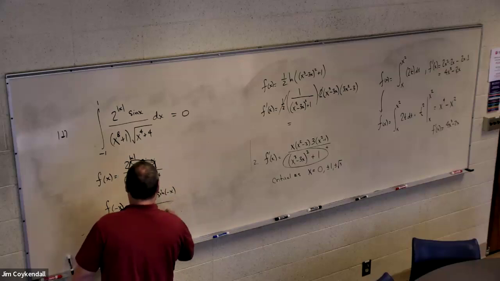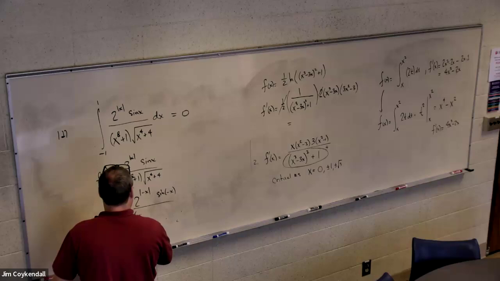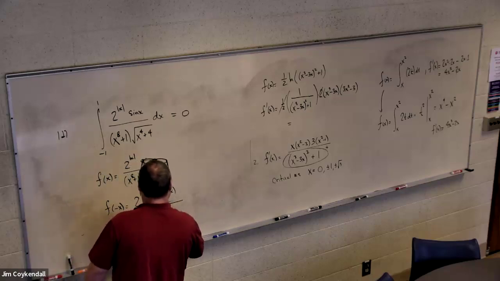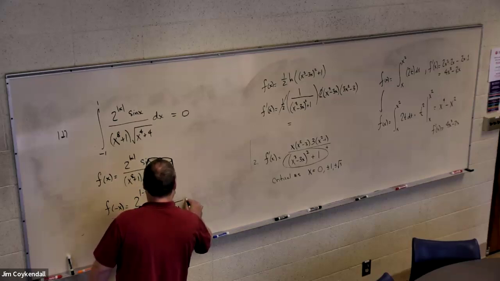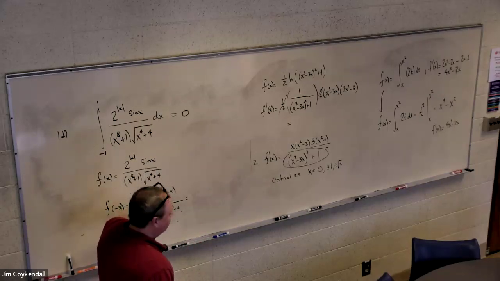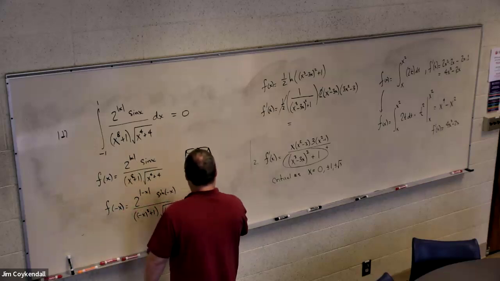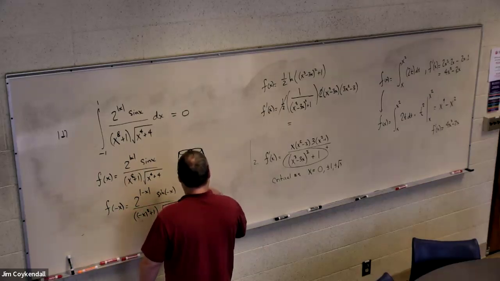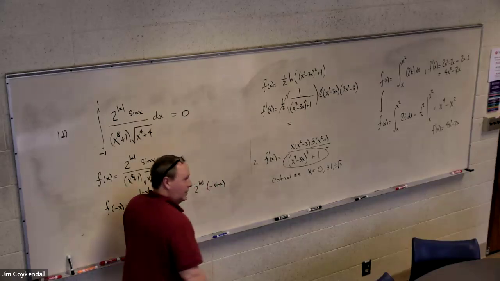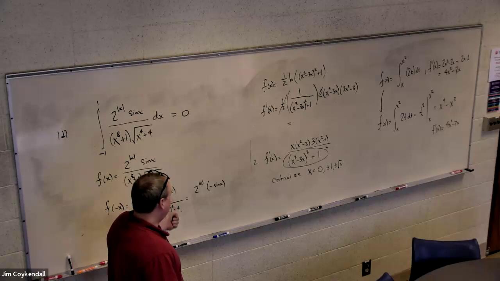And then you're going to have these even powers: minus x to the 8 plus 1, and the square root of minus x to the 4 plus 4. Of course, these are even powers, and of course, the absolute value is the same for both sides. The absolute value of x is the same, but sine of negative x is negative sine x.